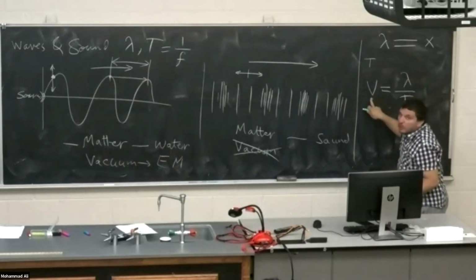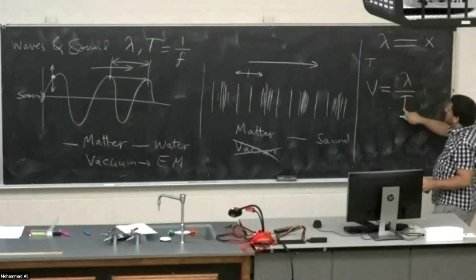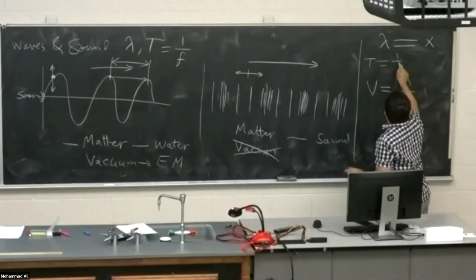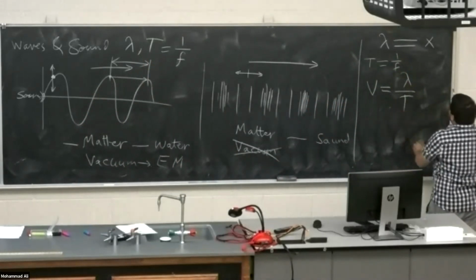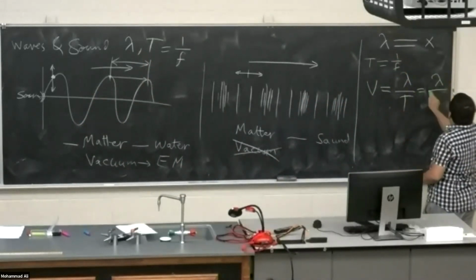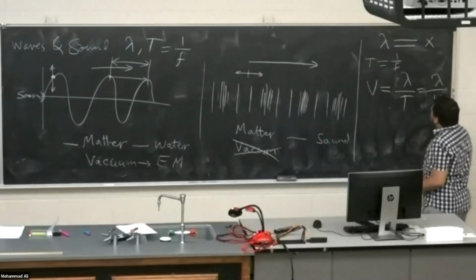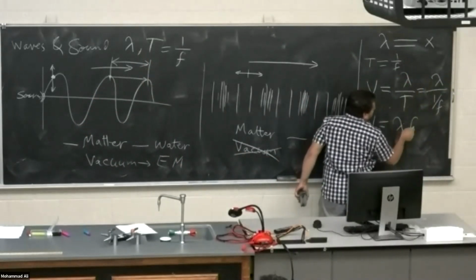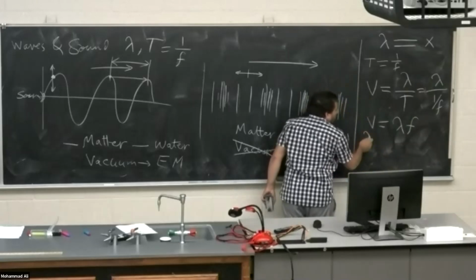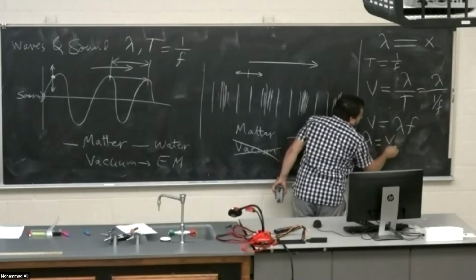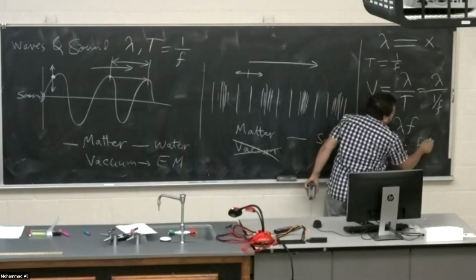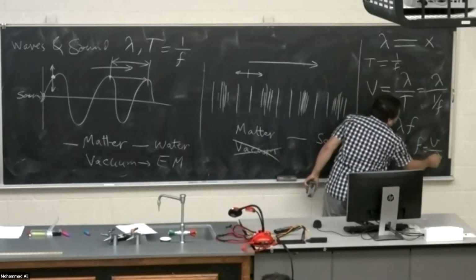So the velocity of the wave is lambda over the time. The time is equal to 1 over the frequency, so I can put it like this: lambda over 1 over frequency. So the velocity is equal to lambda multiplied by the frequency. Or lambda is equal to the velocity over the frequency, or the frequency is equal to the velocity divided by the wavelength.